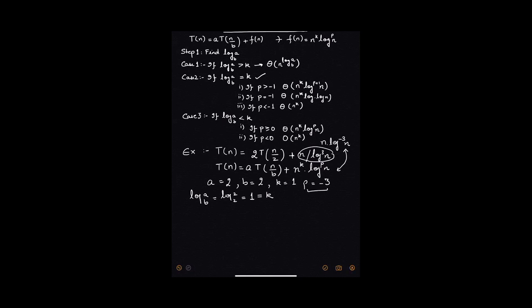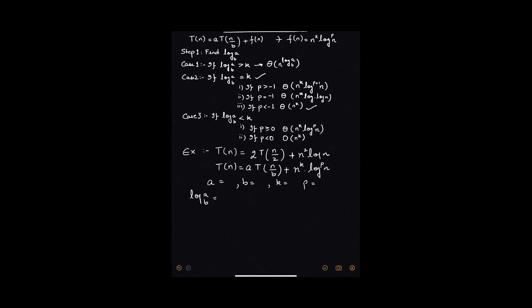So I can say that p is less than minus 1. So this resembles my case 2, equation 3. So the time complexity for my function would be equal to theta of n to the power k. So the answer becomes theta n raised to the power of 1. So the time complexity for this recurrence relation is n.